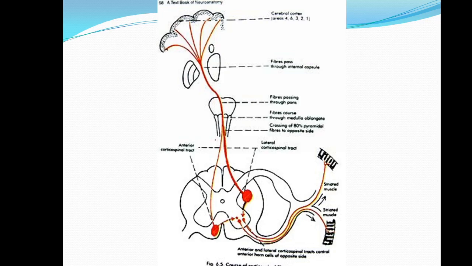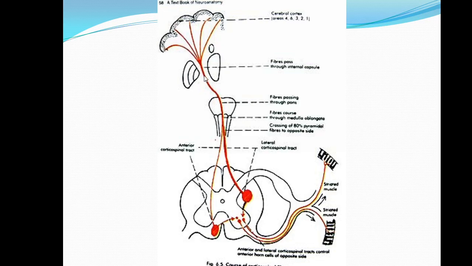Here, in the pathway of the corticospinal tract and corticonuclear fibers, you can see they arise in the motor area of the cerebral cortex. Then the fibers descend in the form of the corona radiata, which converges further to form the internal capsule, between the thalamus and head of the caudate nucleus medially and the lentiform nucleus laterally.